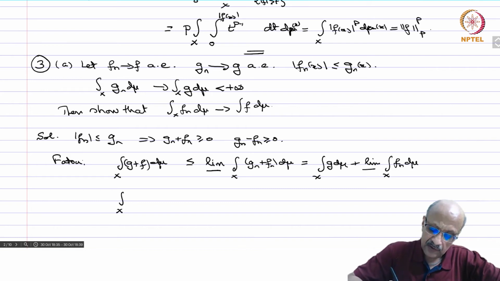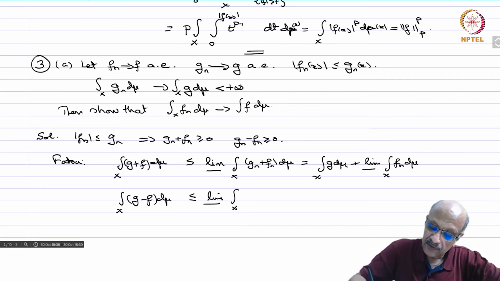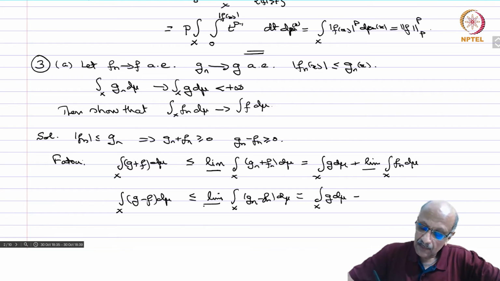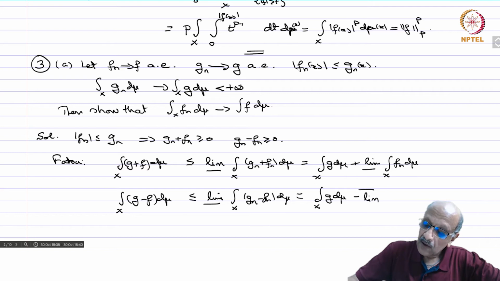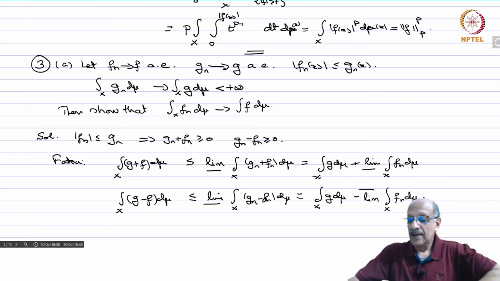Similarly, the integral over x of g minus f d mu is less than or equal to lim inf of the integral over x of g_n minus f_n d mu, and again g_n converges, so this is equal to the integral of g d mu minus lim sup, the lim inf becomes lim sup, of the integral over x of f_n d mu.